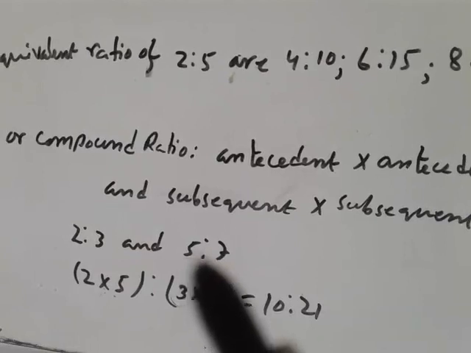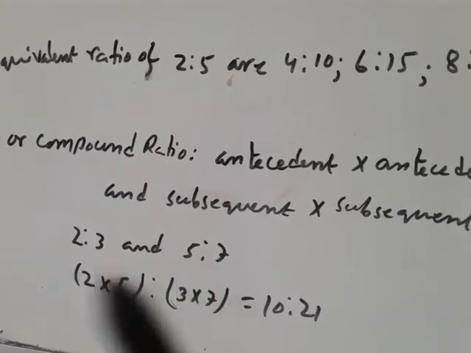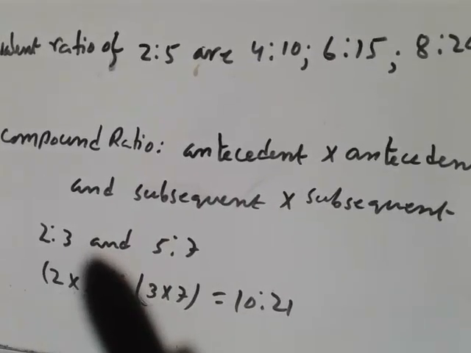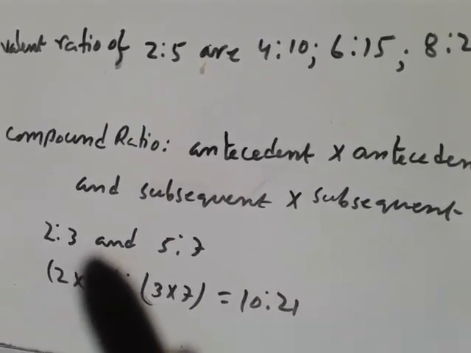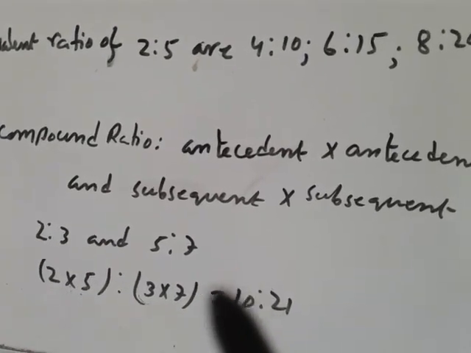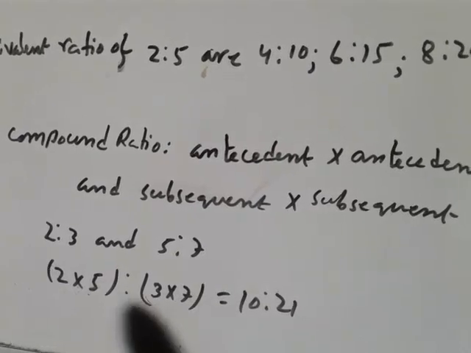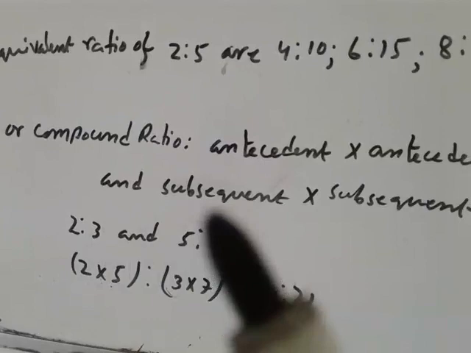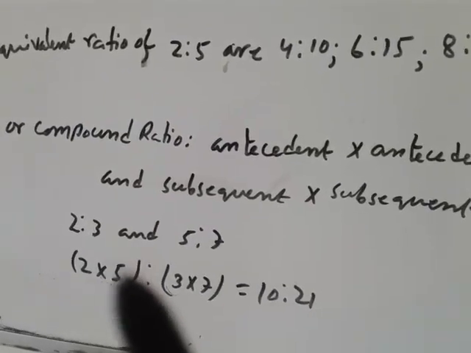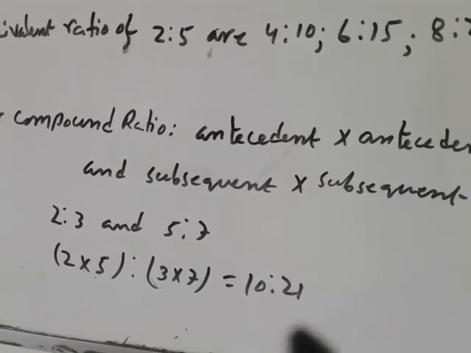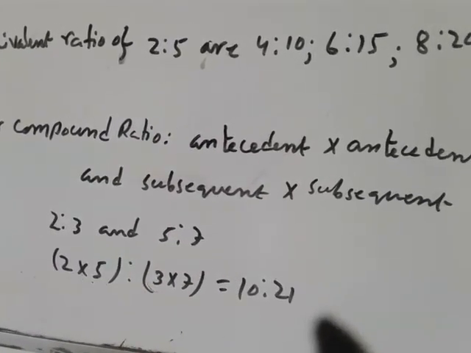We have to multiply antecedents, 2 multiply 5, 10, and we have to multiply subsequents, here subsequent is 3, here subsequent is 7, then 3 multiply 7, 21. Therefore, the mix or compound ratio is antecedent multiply antecedent and subsequent multiply subsequent. 2 multiply 5, 10, 3 multiply 7, 21. 10:21.